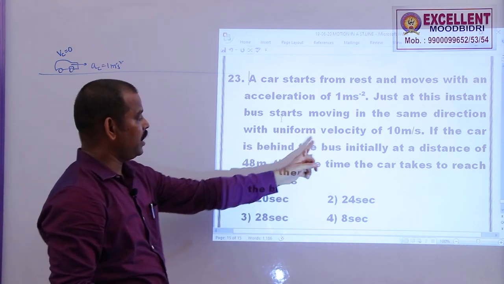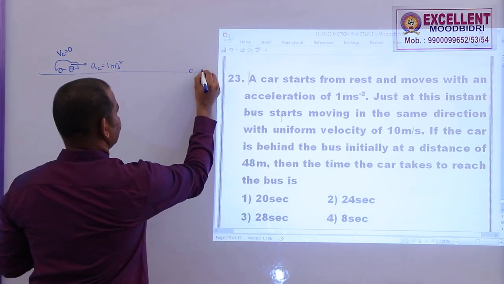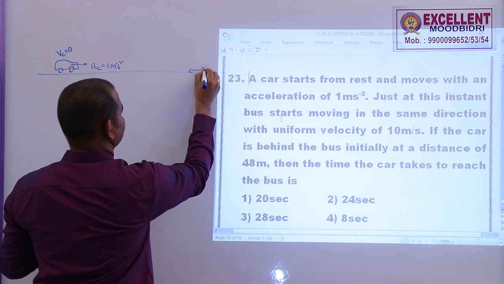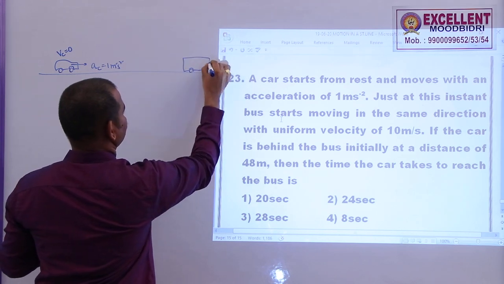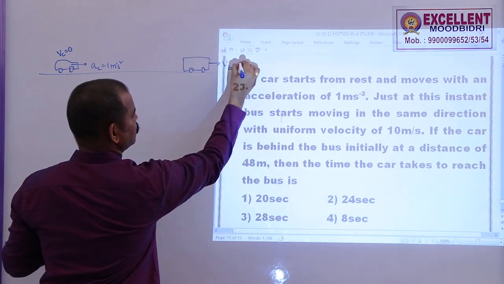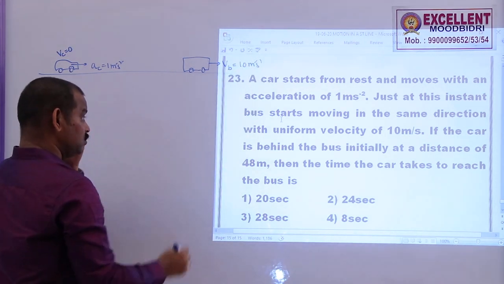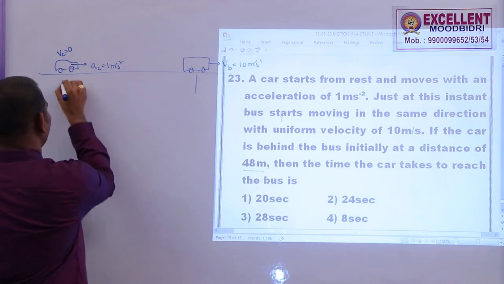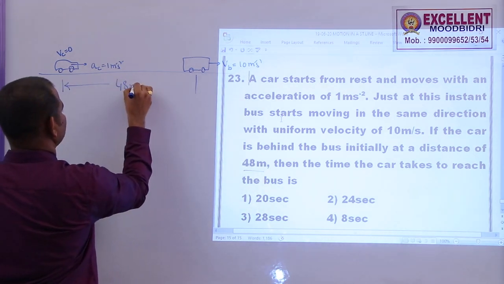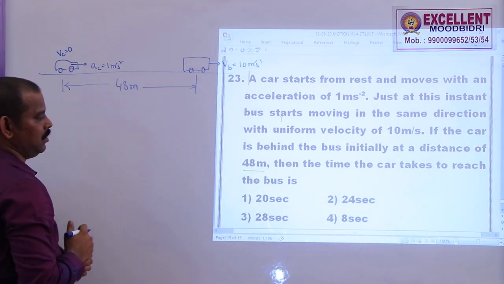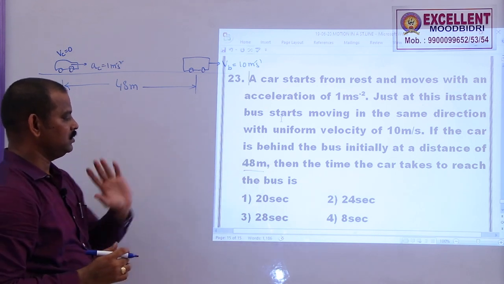The car is behind the bus, that means the bus is in front of the car. So velocity of bus is equal to 10 meters per second. The initial distance between these two is given as 48 meters. So the time that car takes to reach the bus is asked.